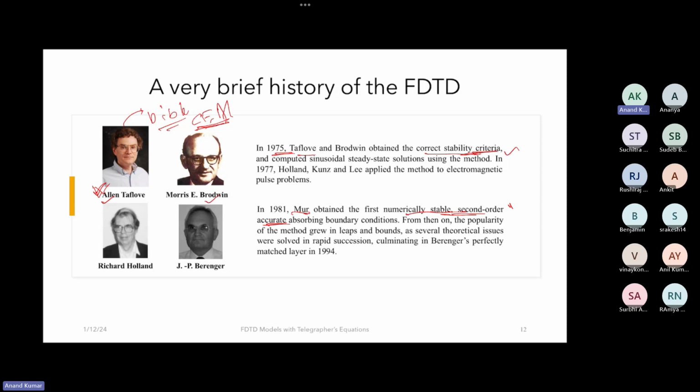Once Mur gave the boundary condition, there has been an explosion in the amount of work done in FDTD. Then a much better boundary condition was given by Berenger, which we know as the PML, perfectly matched layer.